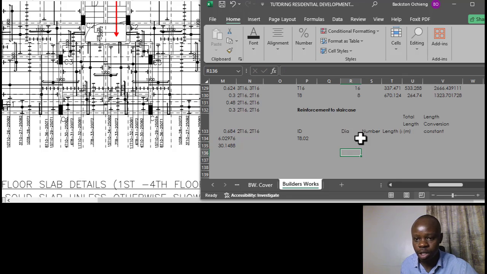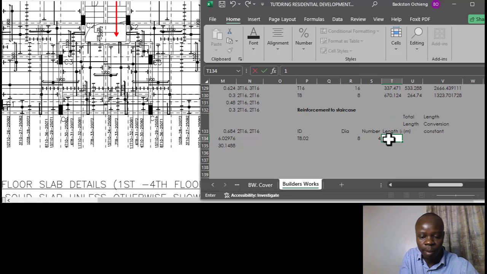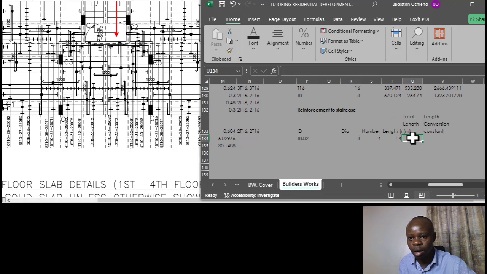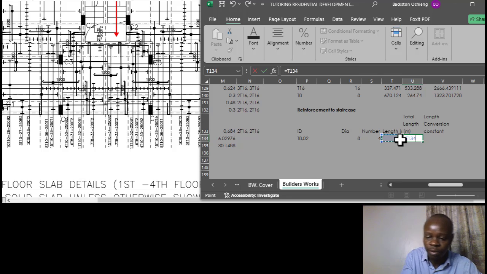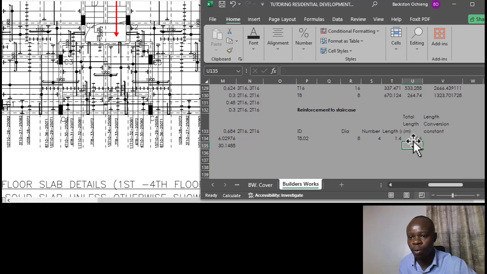Diameter is 8. The number of the bars, there are 4, as you've seen there. The length of one of them is 1.4 meters. Therefore the total length is length for one bar times the number of the bars, which is 4.